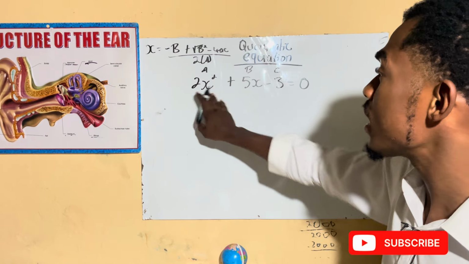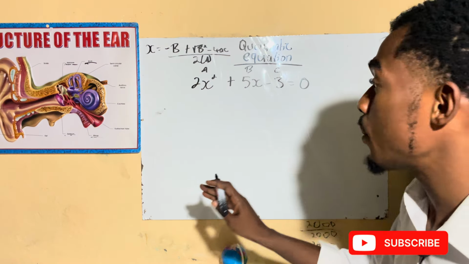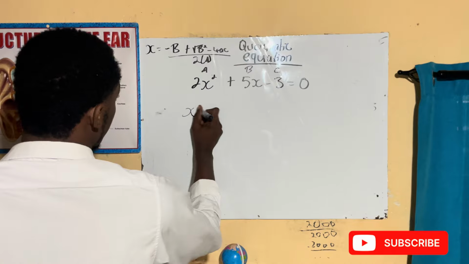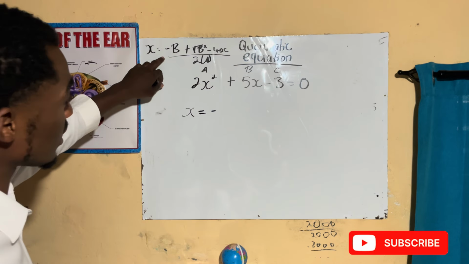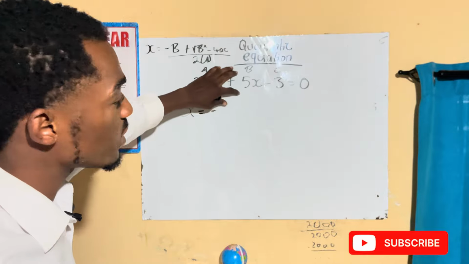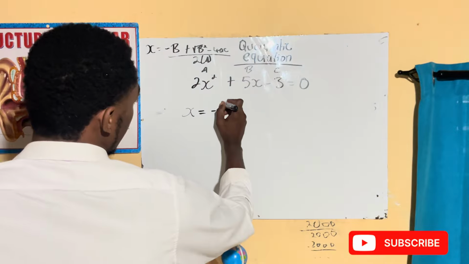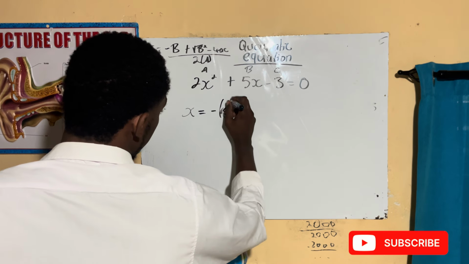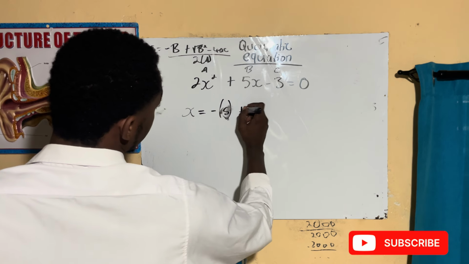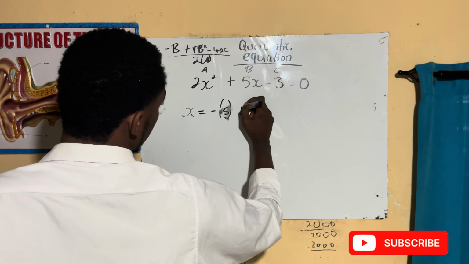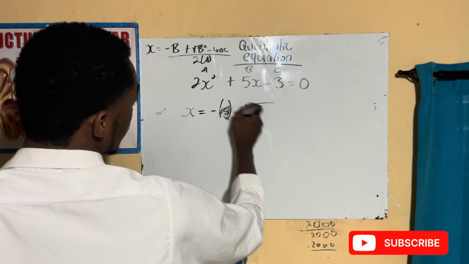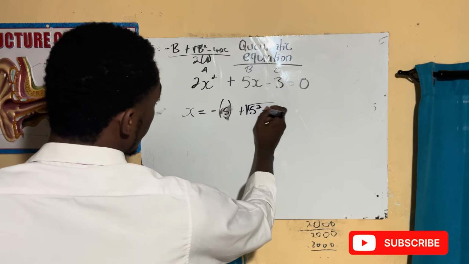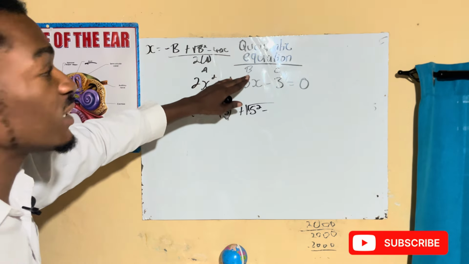Now we're going to write in these numbers using the formula. The formula states that x equals negative b. What is b? I label b as 5x, so we put in bracket 5, then close, plus the square root of b squared. B is 5, so 5 squared, minus 4ac.